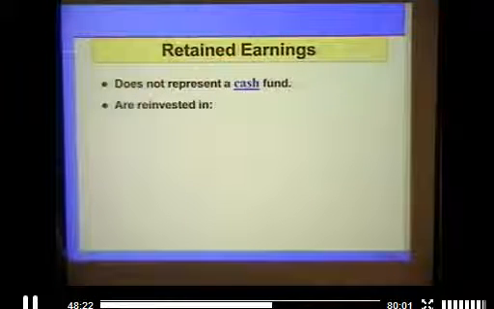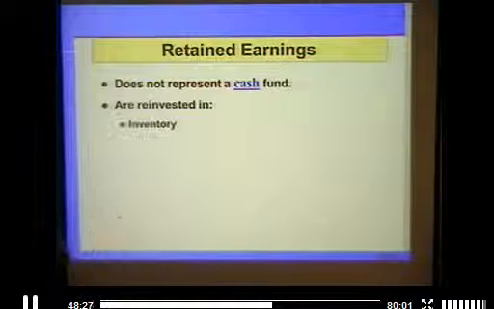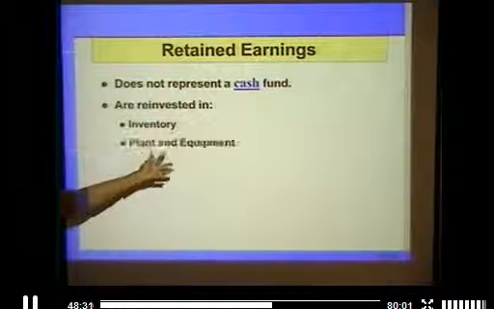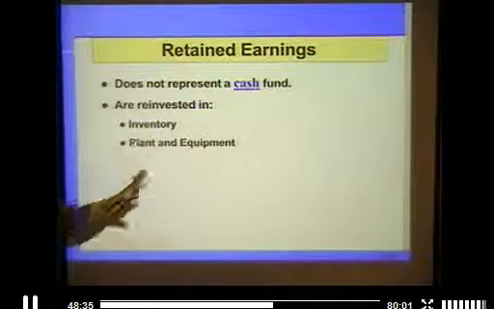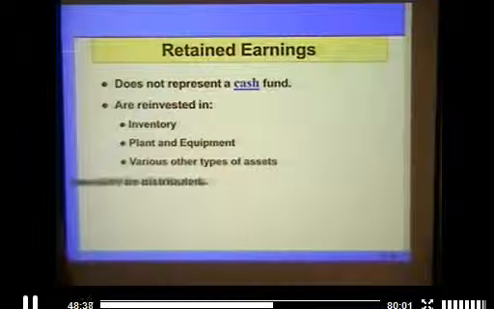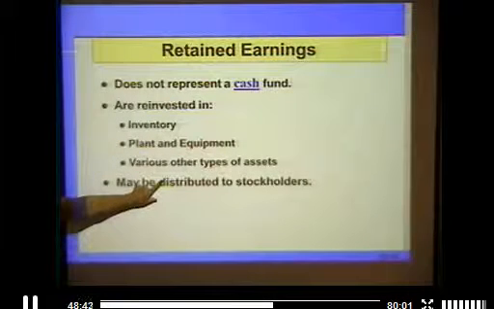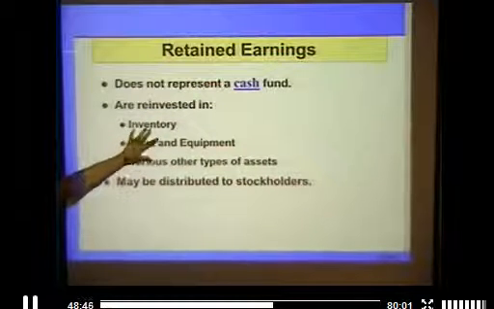In business, it's not a cash fund, it is then allocated or reinvested usually in the same business, has more inventory, right? Buying plant and equipment, we allocate so many retained earnings for that, various types of other assets, and it may be distributed to our stockholders, which we hope, after we set up our budget for next year and say, we're going to need this, this, and this.